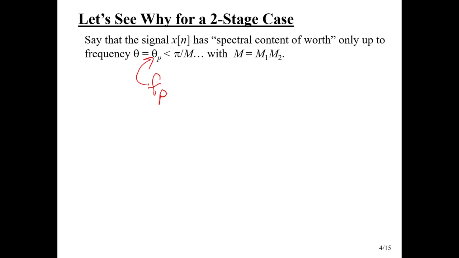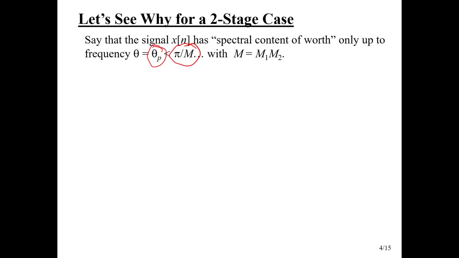But we've chosen our sampling rate so fast that this theta sub p is quite far below the value of pi over M. That means we can decimate by a factor of M. Now, again, you might say, why would we sample it faster? Well, we might have been forced to do that for other reasons, or to achieve other gains.